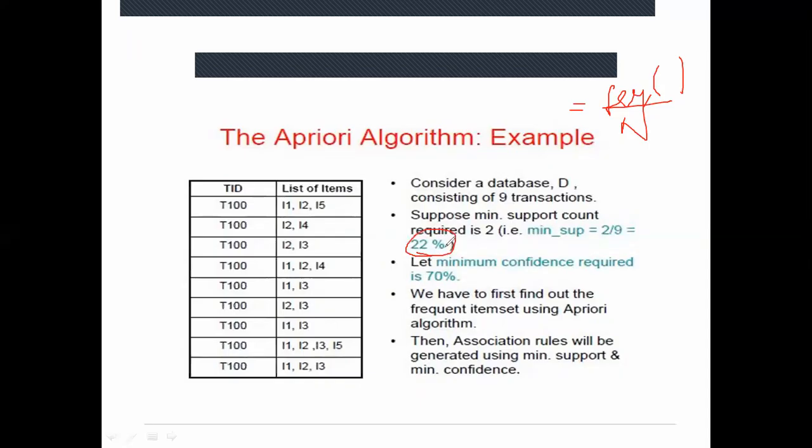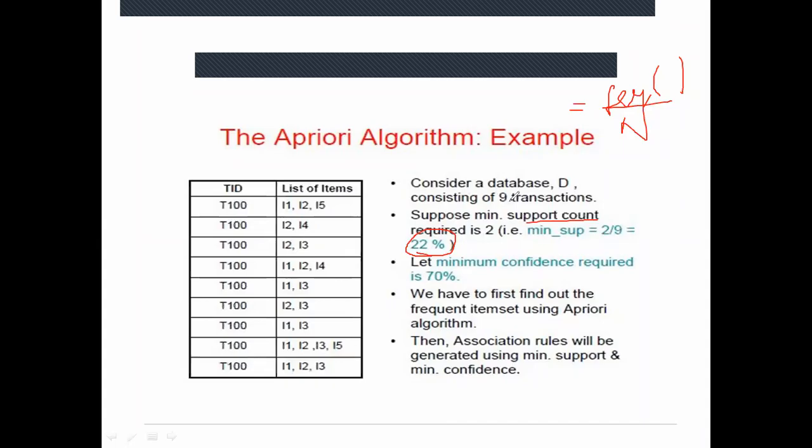Either you can say it in percentage, or you can simply find out the support count. Count means if a particular item is being bought in 2 transactions, then I will take that further. Otherwise, if an item is bought only once, I'm not taking that.